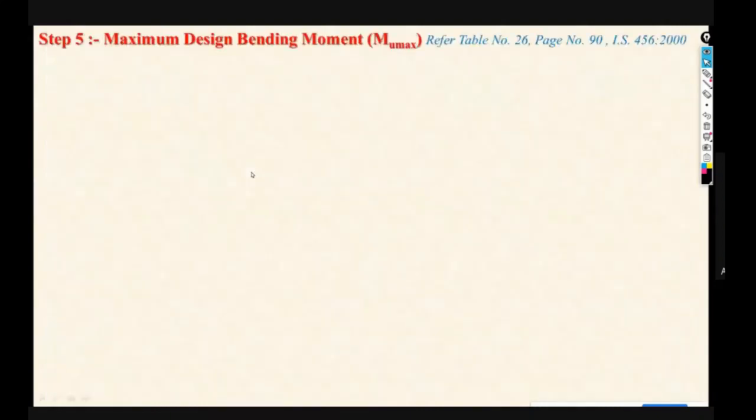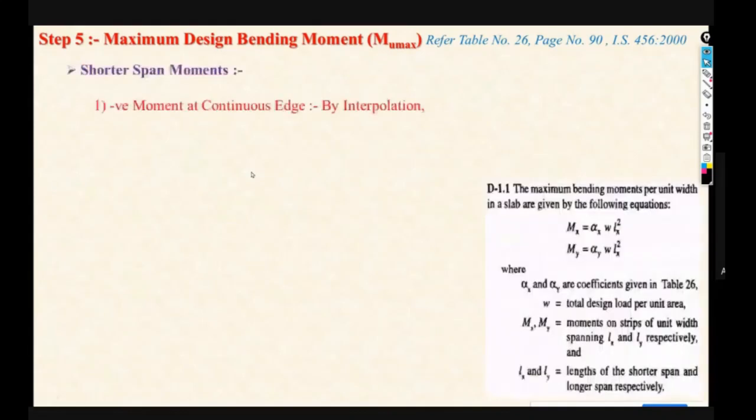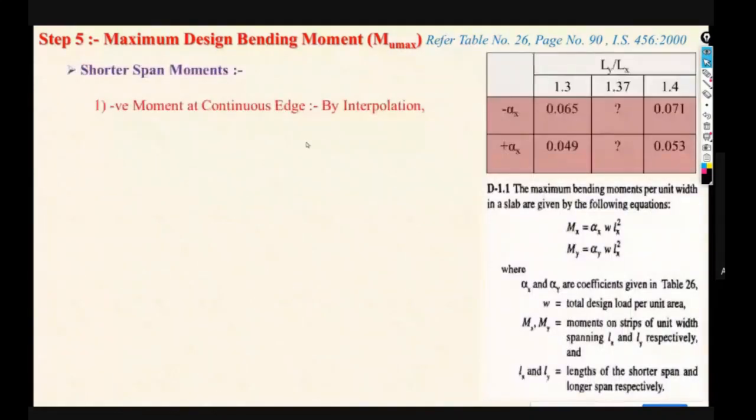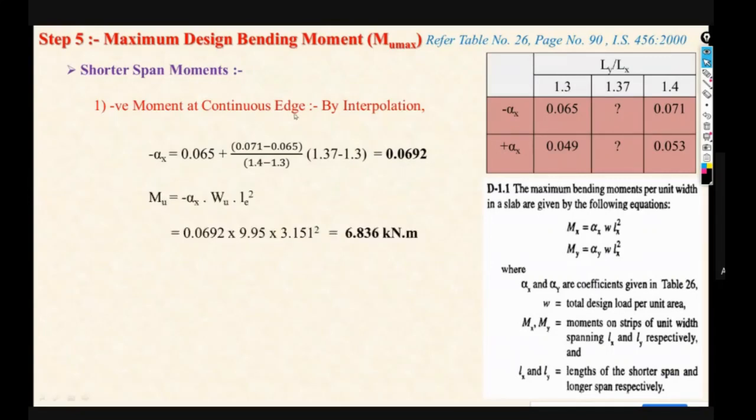Now we require for 1.37, between 0.065, 0.049, and 0.071, 0.053. So this is for the negative reinforcement coefficient and this is positive. So alpha minus alpha x by interpolation formula is 0.0692, negative moment at continuous edge.